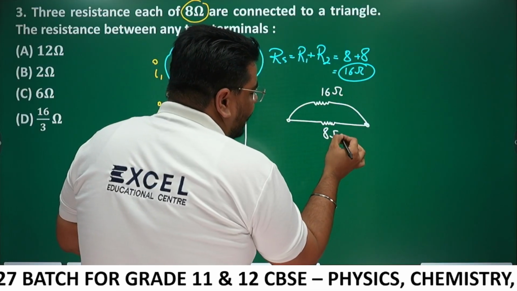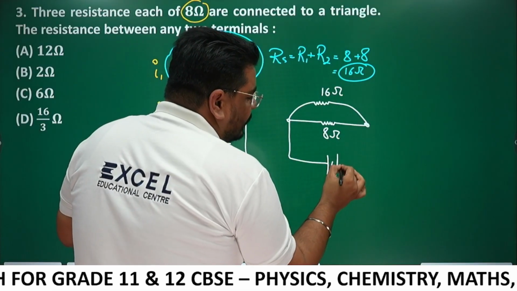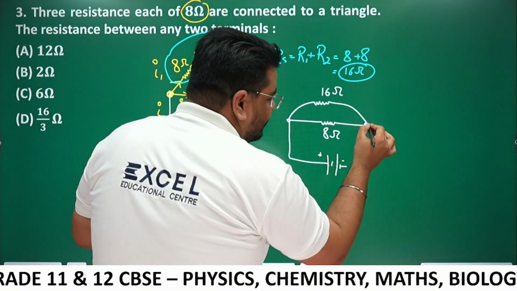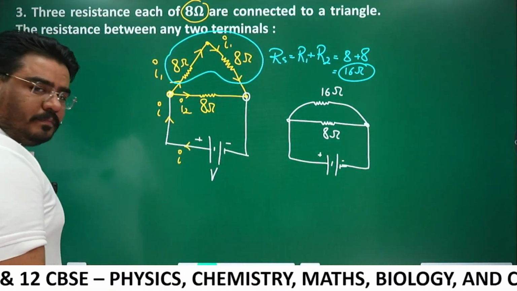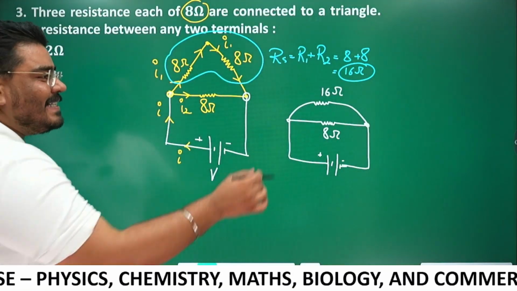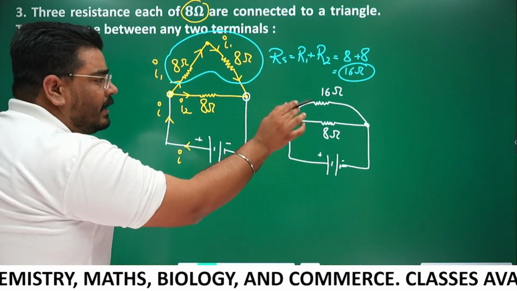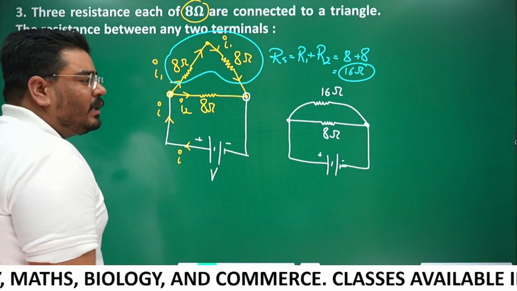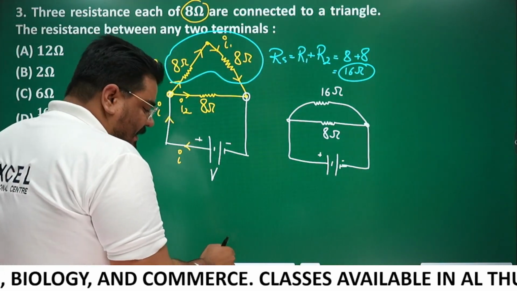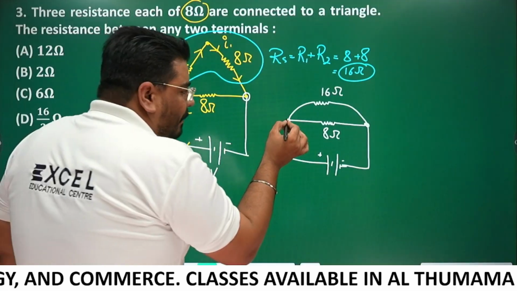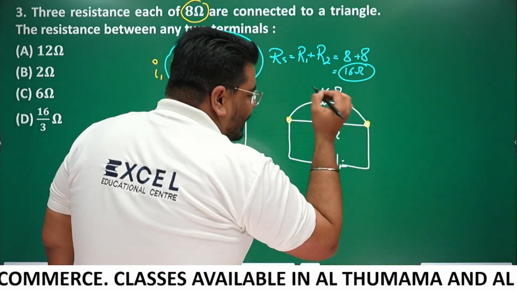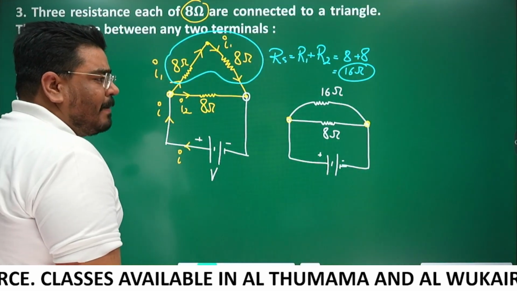And this is your 8 ohm. And, sir, battery was across these two terminals, as we considered in the starting. Now, if 16 and 8, you have a look at it, sir, they both are in parallel. How do you identify? My friend, their terminals, both the sides are connected to the same terminal, same potential.